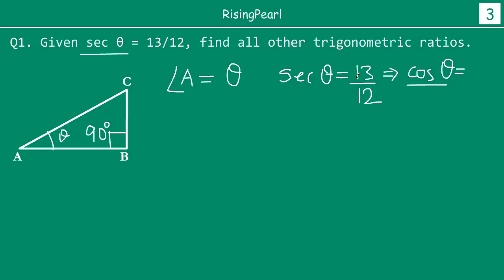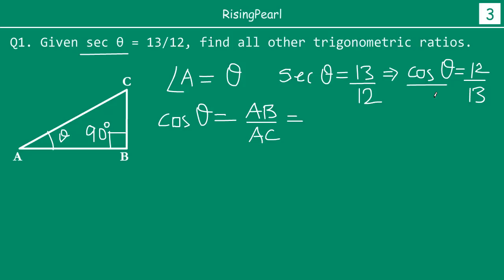So if sec theta is this, cos theta will be 12 by 13. Now if we assume angle A is theta, then cos theta will be which two sides? AB by AC.